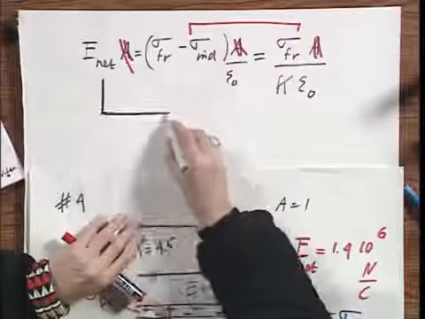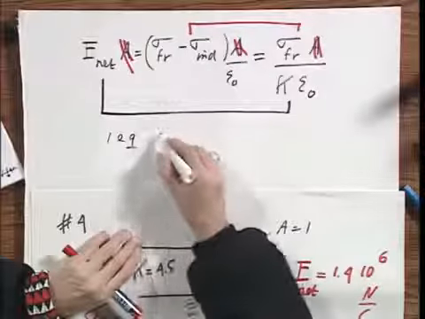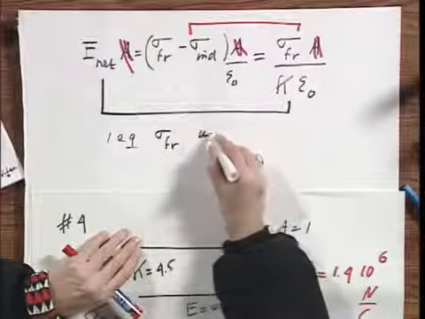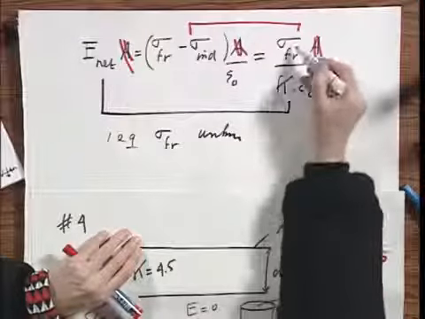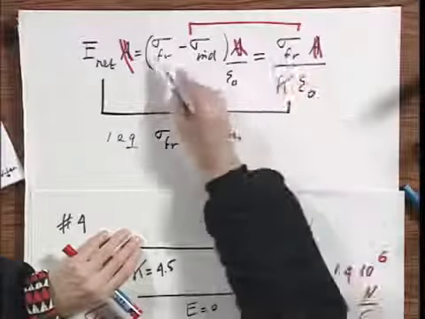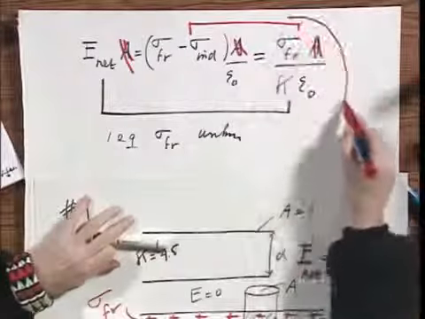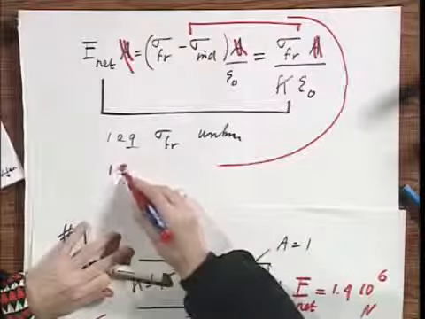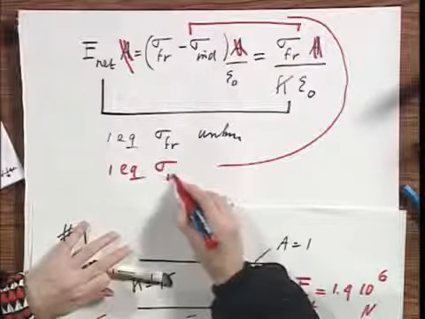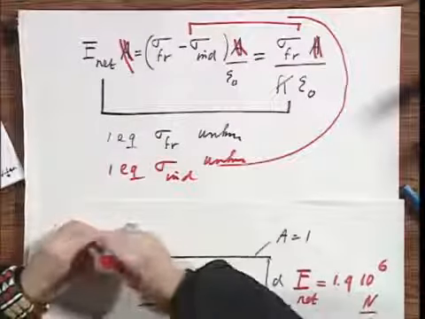I first take this, and that gives me one equation with sigma free as unknown. So you solve immediately for sigma free. Now I take this equation, but I know sigma free, and so this equation now is again one equation with sigma induced as unknown. So now you can solve for sigma induced.